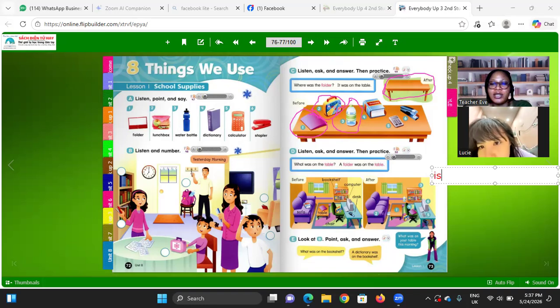Okay, good. Now, if I ask you where was the pen? Because it's no longer in my hand. So you say it was, not is. It was on my hand. Good.